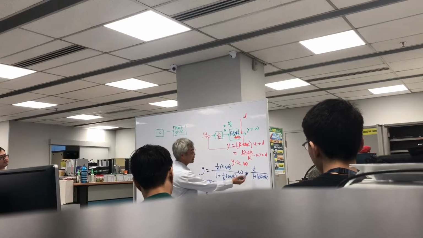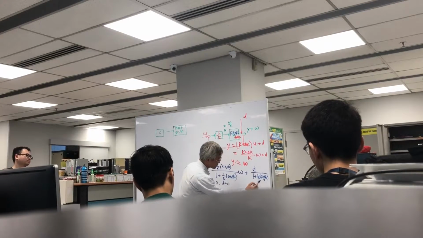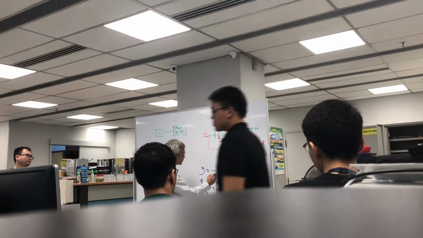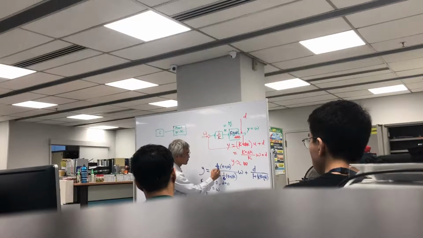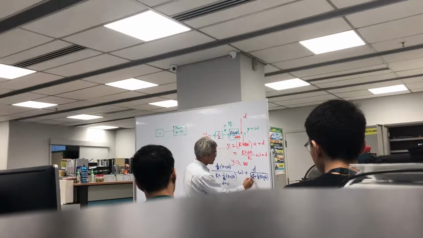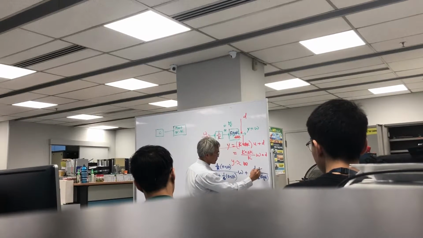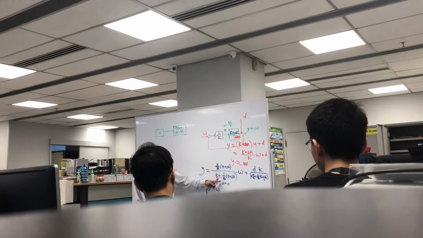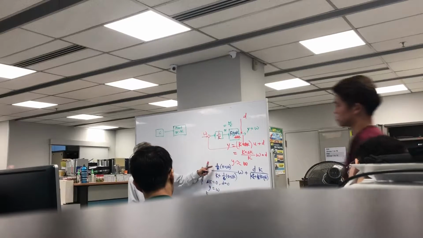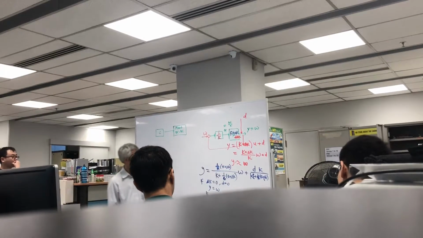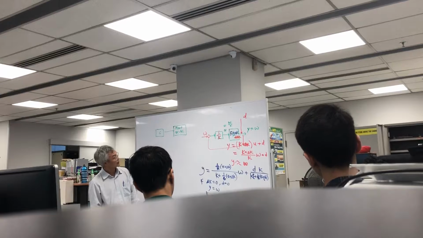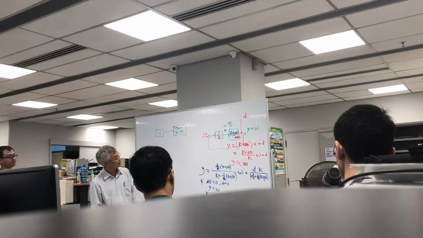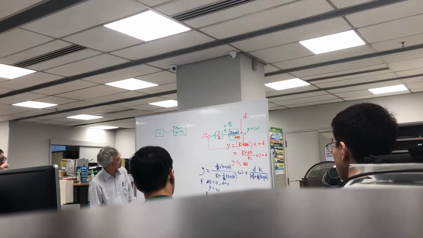Okay, so now let's do the algebra. If I multiply here, this becomes this. If I multiply this, 1 over k, I just multiply k. Alright, so now I simplify. Something is not right.